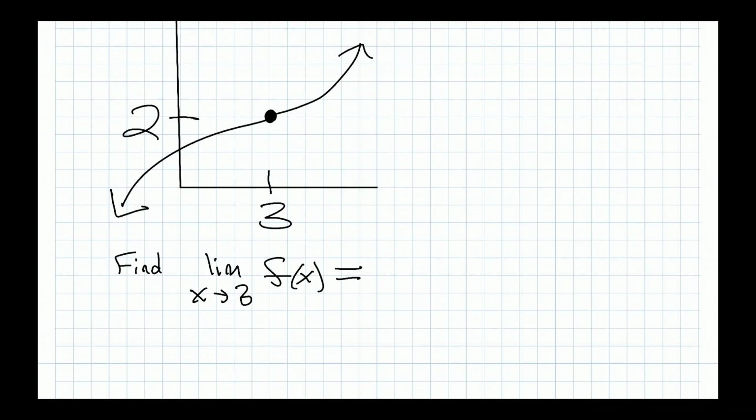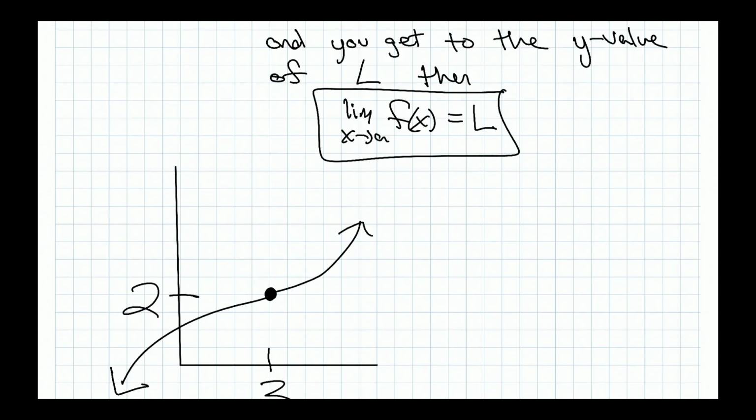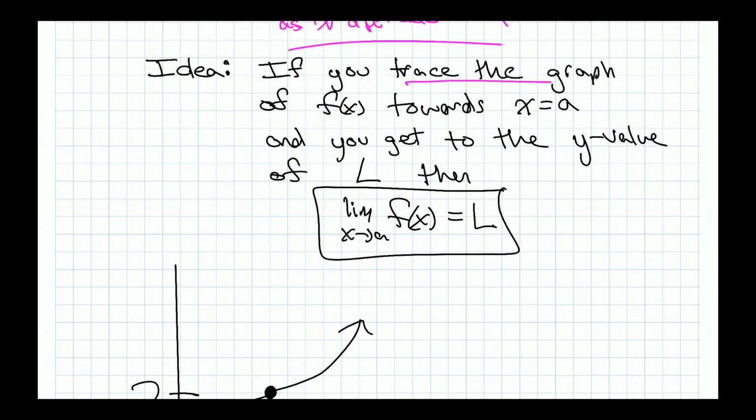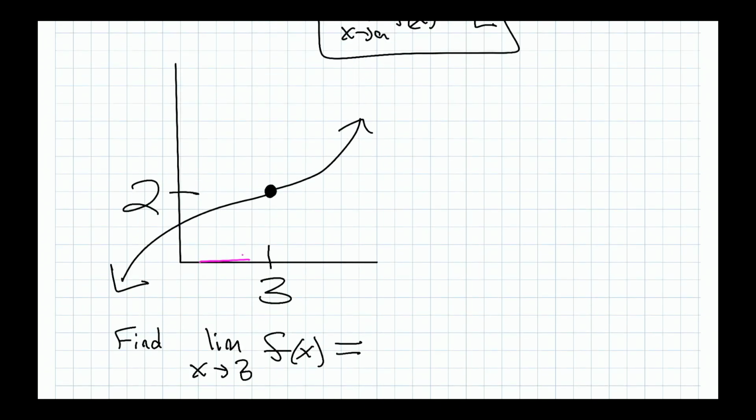All you've got to do is basically just exactly what I said up here. Trace the graph of f of x towards x equals a. And the key there is that you're tracing the graph. You're not down here. This is not what I'm talking about. You're supposed to be tracing the actual graph of the function.